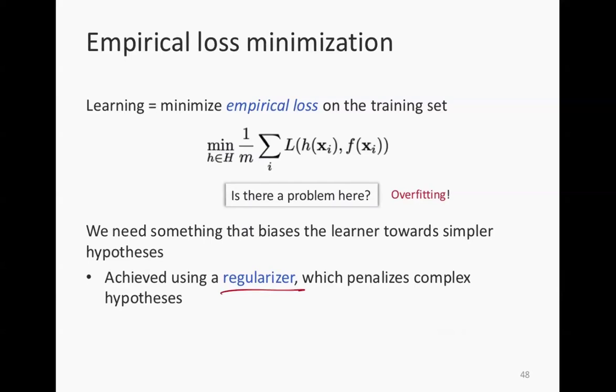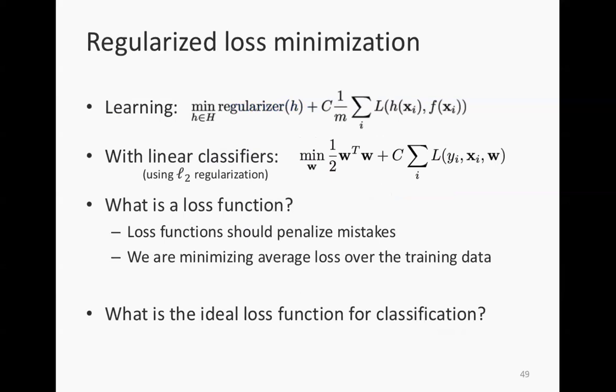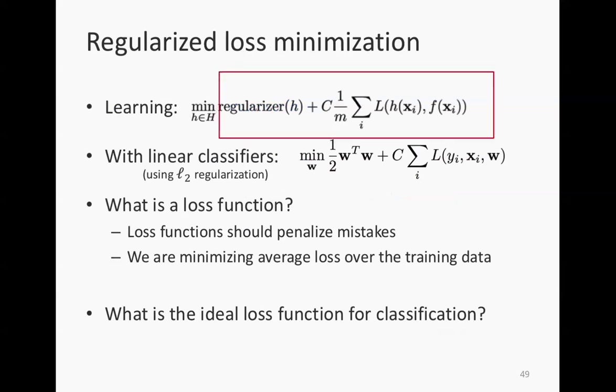There are other ways to avoid overfitting, and we're going to see one of those very soon, quite likely next week, actually next week for sure. But so far, what we have seen is this idea of regularized loss minimization, where you're augmenting this optimization problem by including a regularizer.